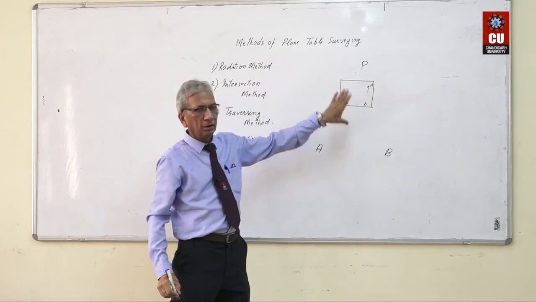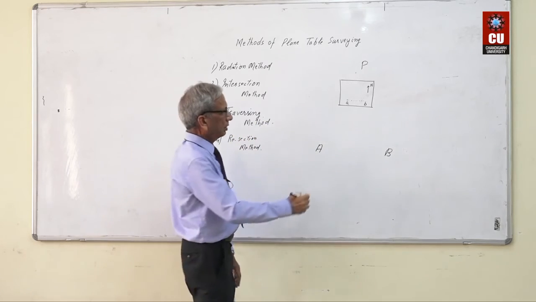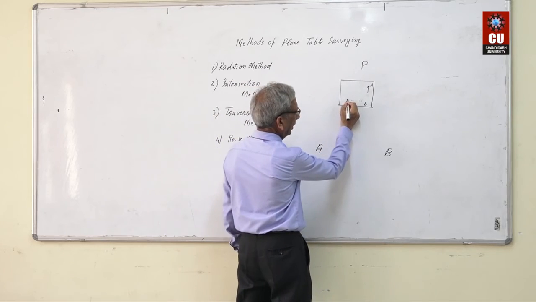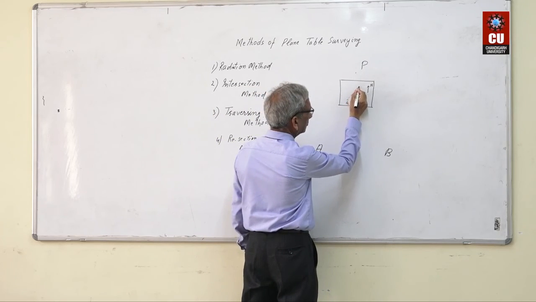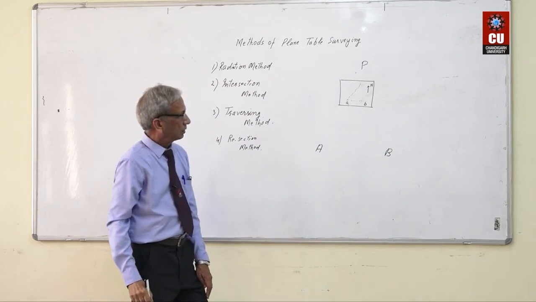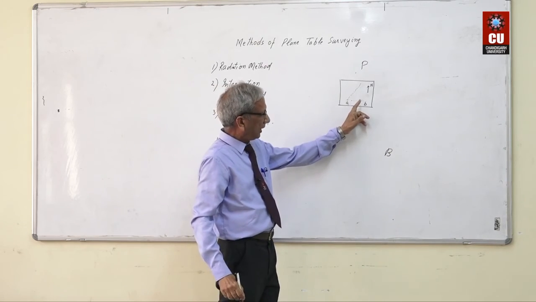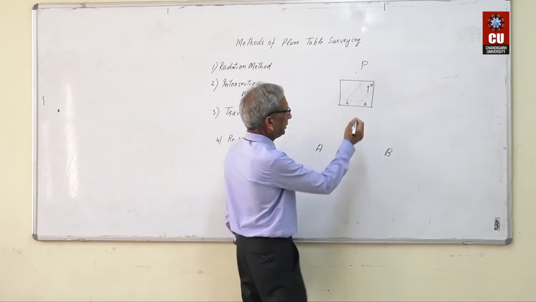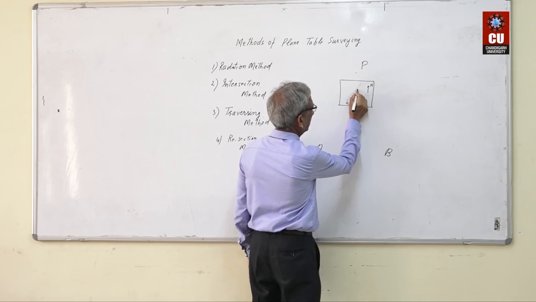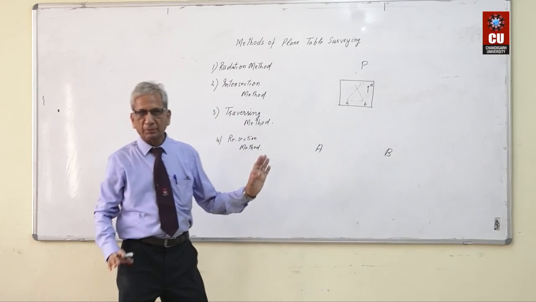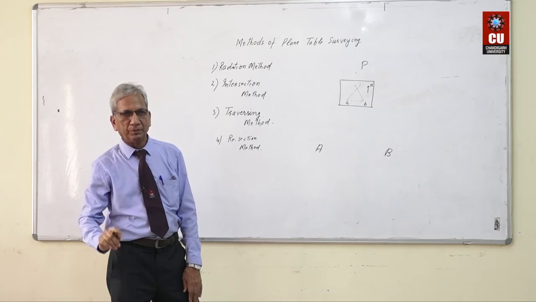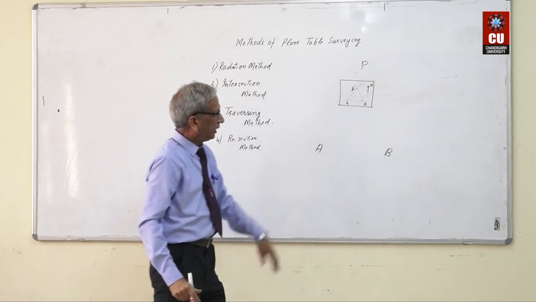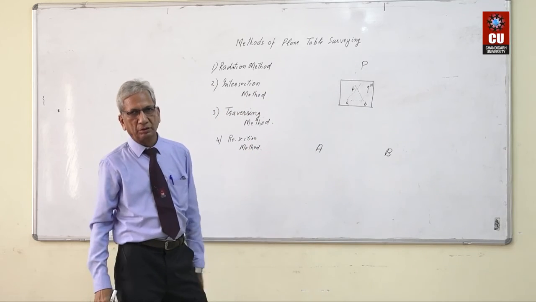We will orient the table at point P. Then placing the alidade at A, we will bisect point A and draw a line towards P. Now placing the alidade at B, we will bisect point B and draw a line BP. Where these two lines are meeting, that point is small p, which we want to locate. The point P has been located with the compass method.